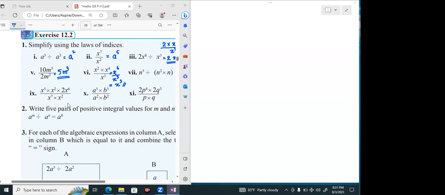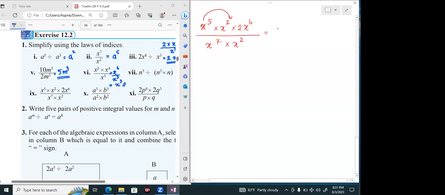Okay, let's see the answer for the 9th one. Finished now? Here x to the power of 5 times x to the power of 2 times 2 times x to the power of 6 upon x to the power of 7 times x to the power of 2. Then here x to the power of 5 and 6 are added.